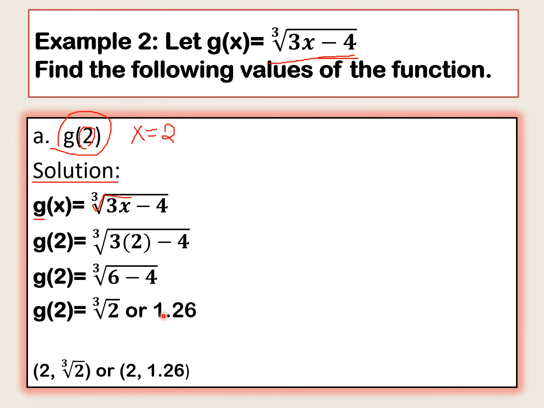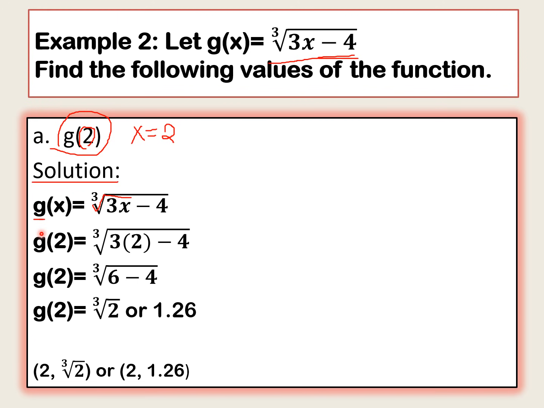So, either of the two yung gagamitin nyo as the value of y. Okay? So, bale ito, when x is 2, our y is cube root of 2 or another ordered pair, 2, 1.26. Both are considered. Okay? As long as yung dalawang ito, nanggaling sila sa mismong solution at the same time sa mismong function natin.